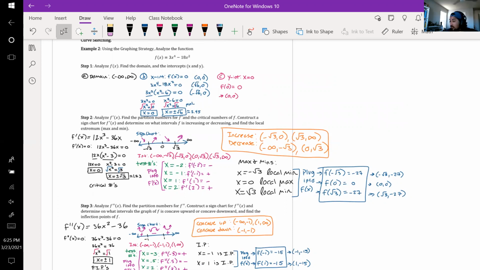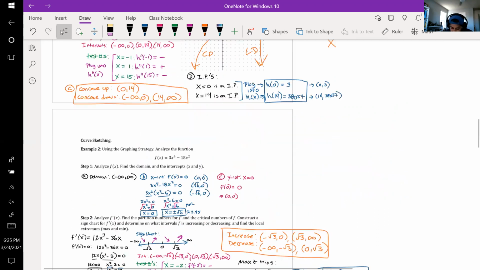MML says I made them yesterday, so you're good. If you look at the top of the page, if you have that function 3x to the 4th minus 18x squared, then it's the right paper.